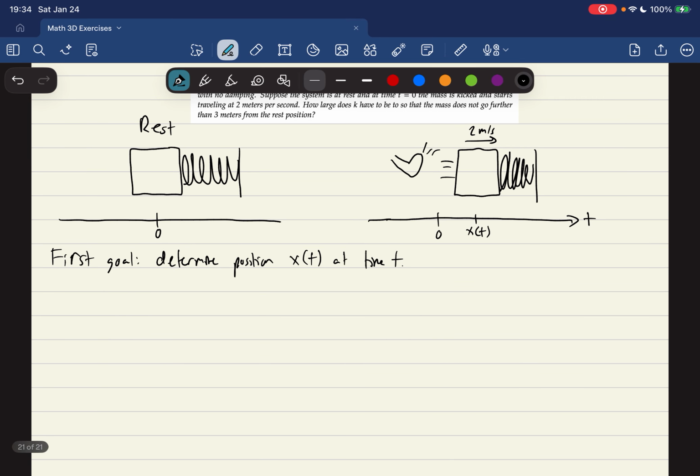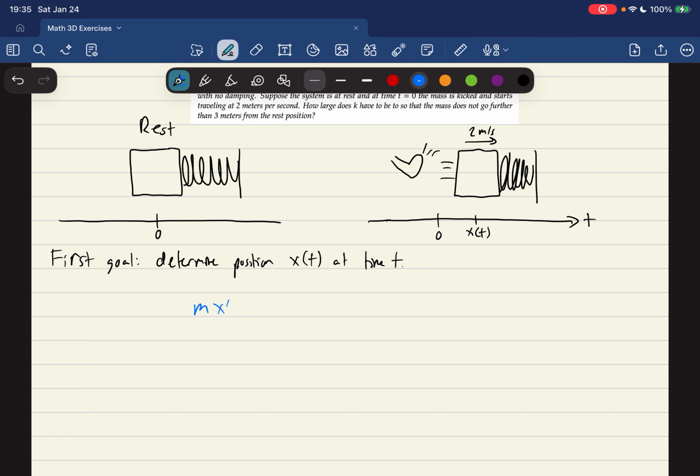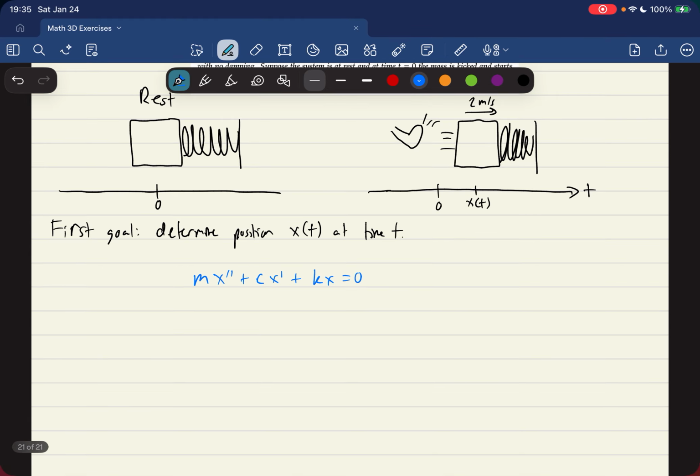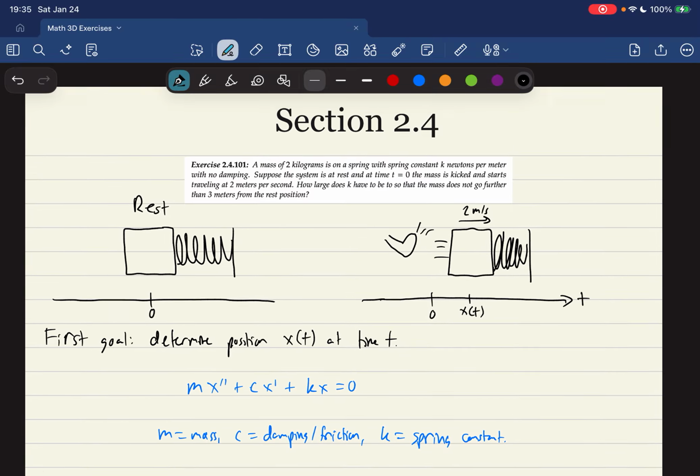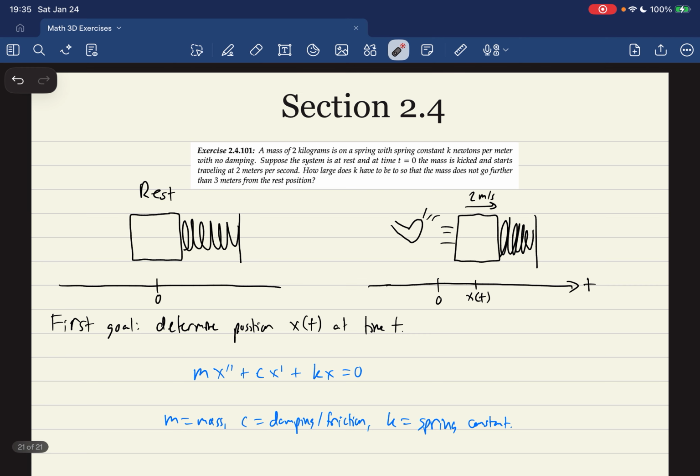Now, in general, the equation we need to use is m x double prime plus c x prime plus k x equals 0. Where here, there's a few constants. m is the mass, c is the damping factor, or the friction is another way it's presented, and k is the spring constant. So we don't know k, but we're given that m is equal to 2 kilograms.